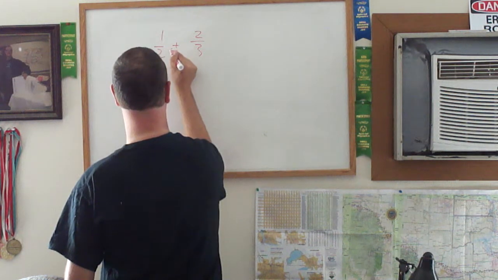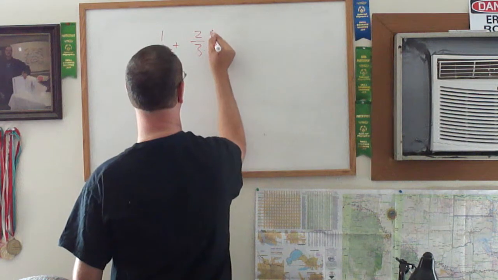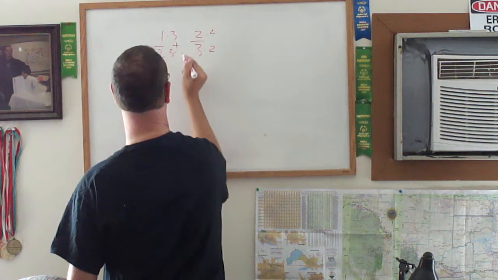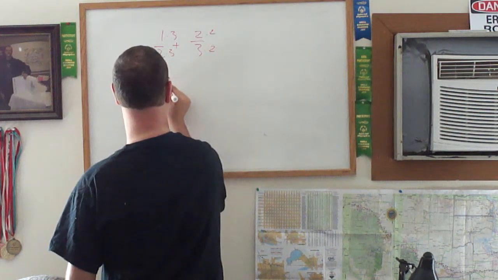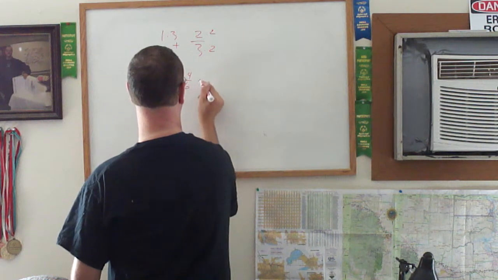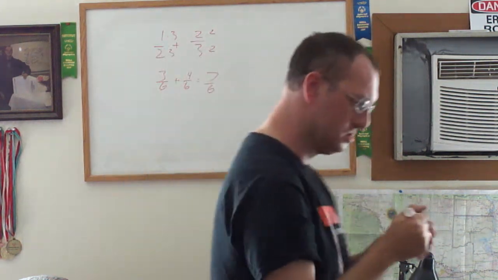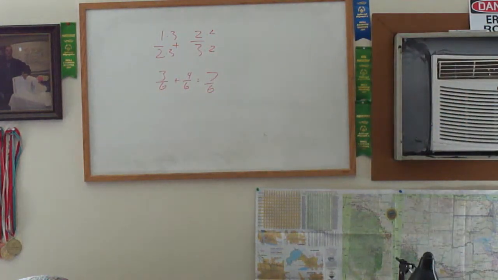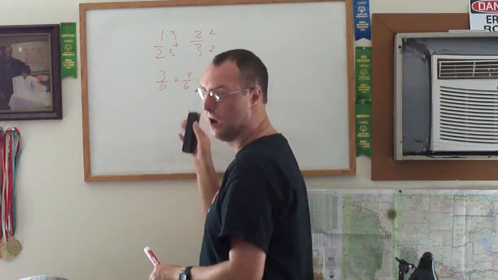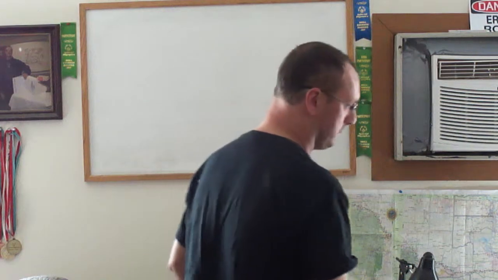The common denominator is 6 for sure. So we get 7/6. And we already know that for a fact. Now remember, they're both positive numbers.